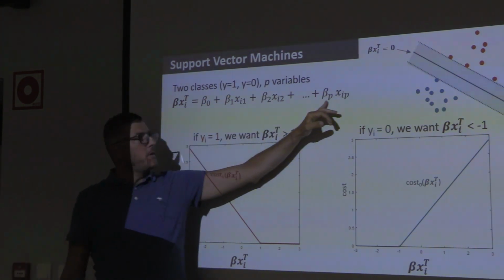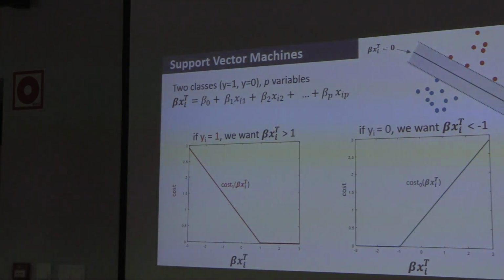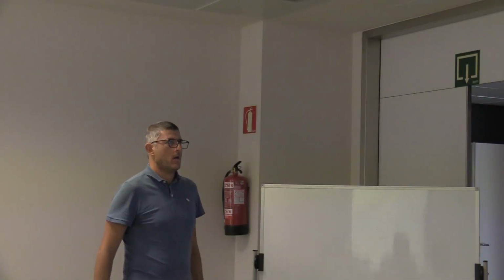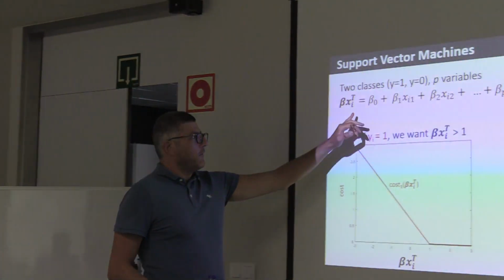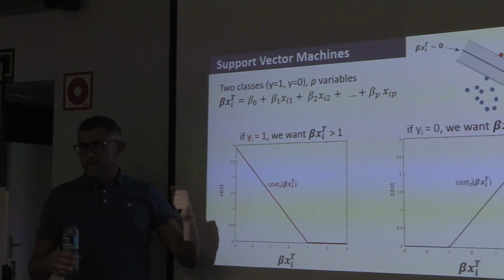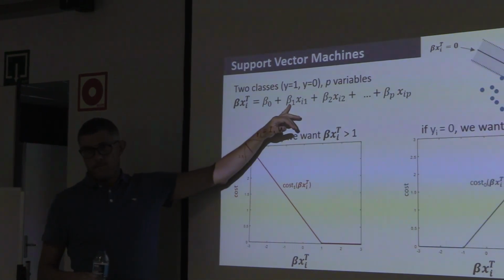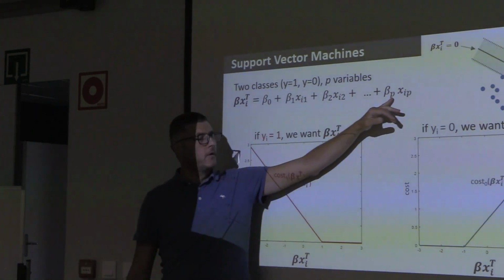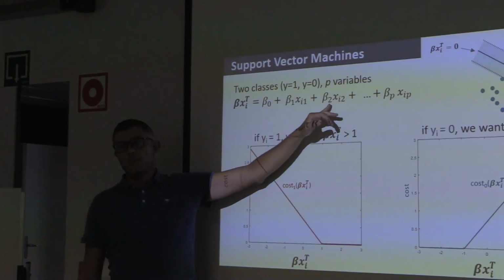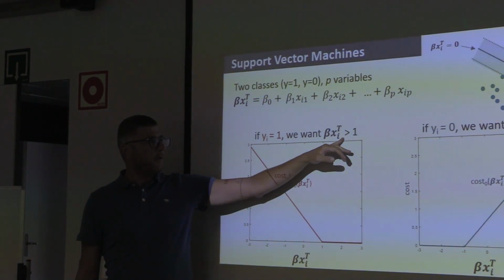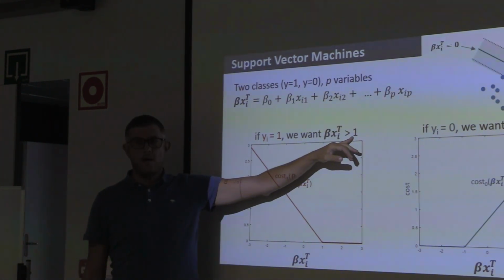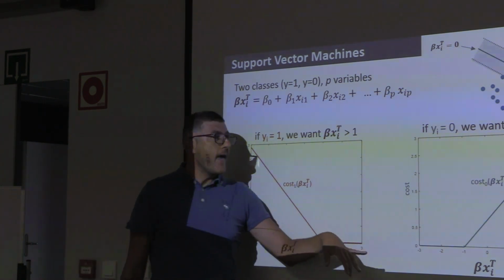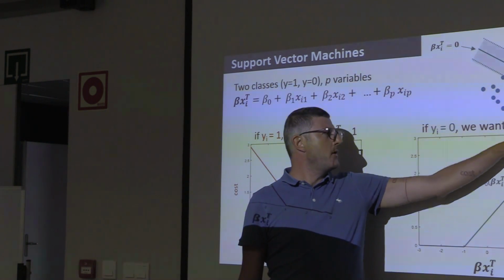We do this linear combination, and we want to find some coefficients, or better, the support vector machine finds some coefficients, so that this linear combination must be, it's better if it's higher than 1 for the red class, and lower than -1 for the blue class.